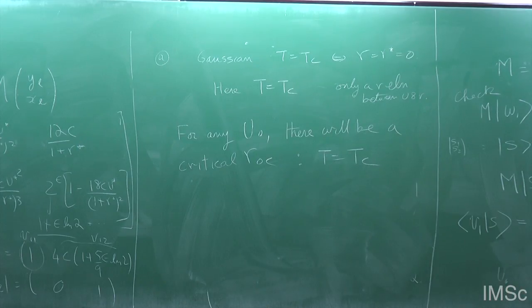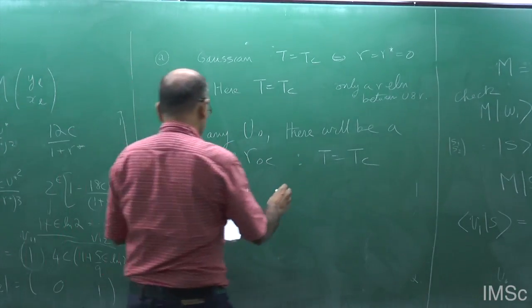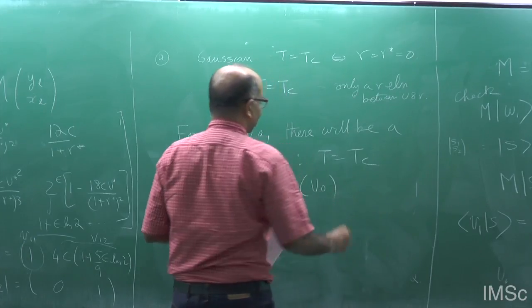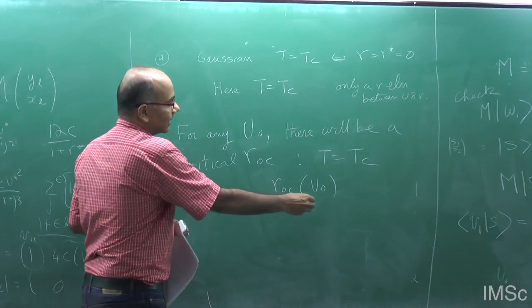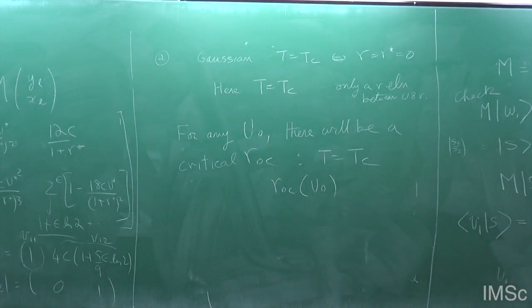If you start with u naught, choosing t equals Tc is equivalent to fixing that r naught c. In other words, r naught c is a function of the u naught that you start with. This is a critical value, that means you tune t equals Tc. For any u naught, there is some r naught c. So that is this curve.